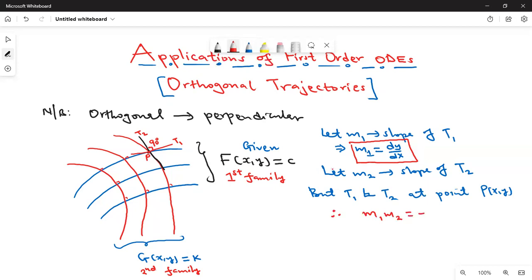M1 times M2 should be equal to -1. That is the condition for those two tangent lines to be perpendicular, that the product of their gradients must be equal to -1. So if I know M1 to be dy over dx, therefore, we can find M2, which is -1 over M1. And so this is the same as negative dx over dy. That's M2.